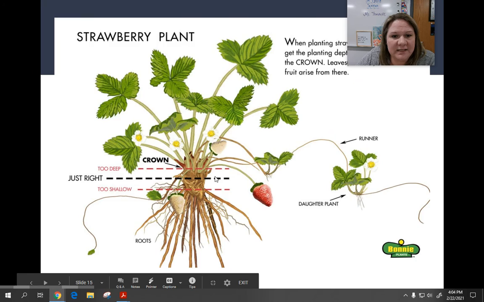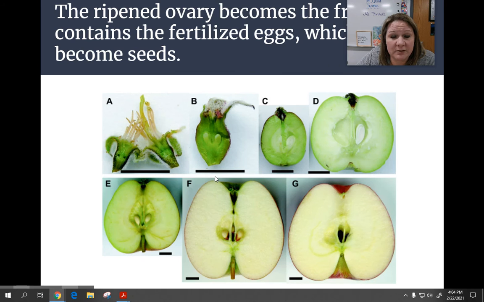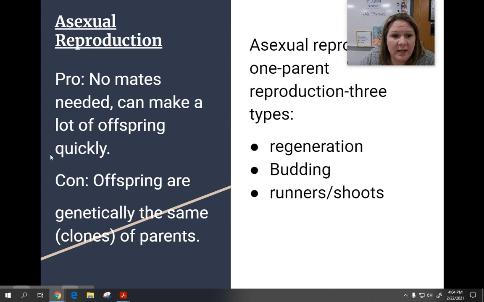All right. So once again, these are all examples of one parent or asexual reproduction. Again, the con is that you get offspring that are genetically exactly the same. The reason that's a problem is if you have a disease that these clones are susceptible to, it will wipe out your whole population. The nice thing with two-parent reproduction is you get more variation, more differences in your offspring.